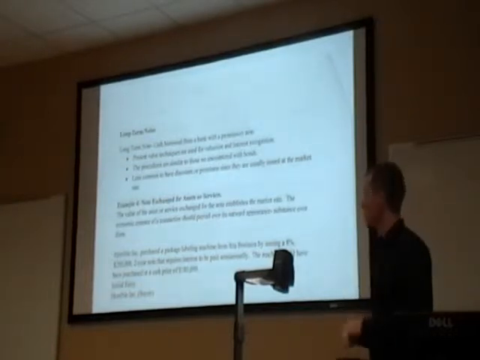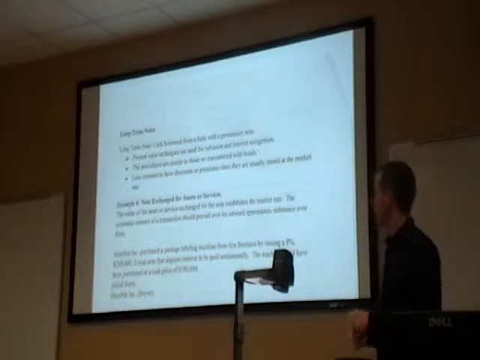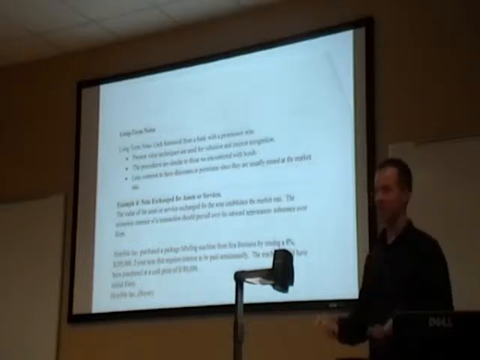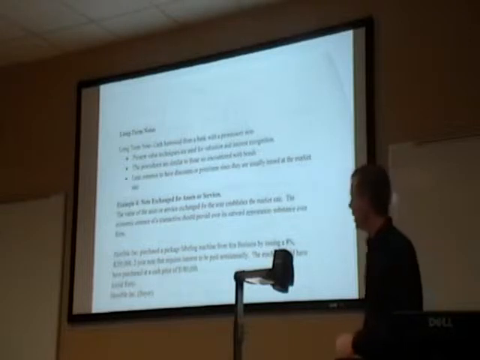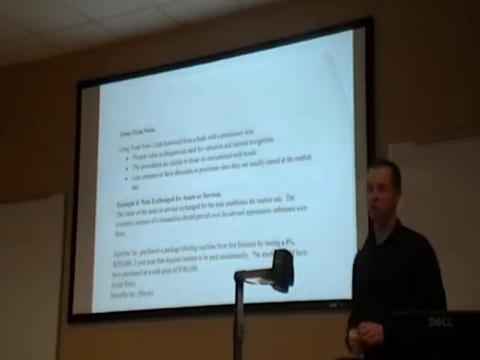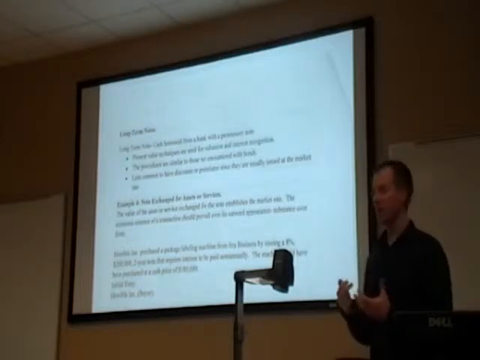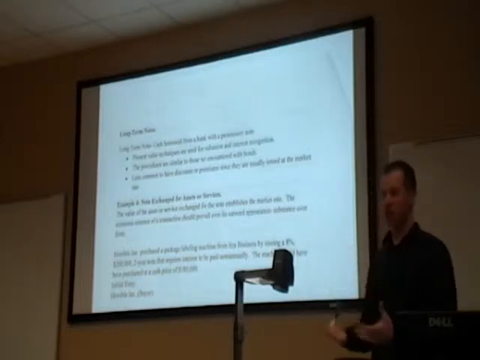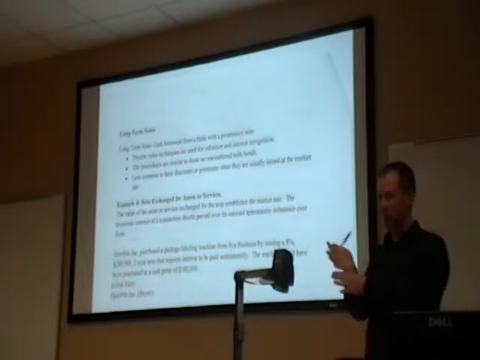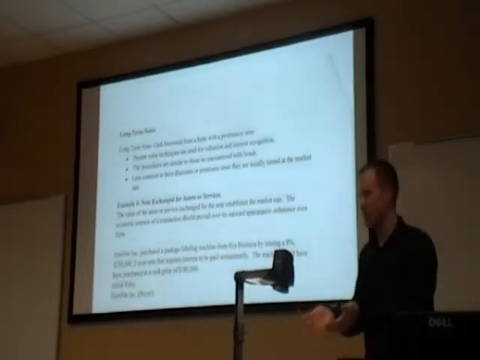So, long-term notes: cash borrowed from a bank with a promissory note, obviously, that's where the name comes from. Present value techniques are used for valuation and interest recognition, exactly the same way as with bonds. It's less common to have discounts or premiums since they're usually issued at the market rate. They're issued by a financial institution on a particular date; they figure out the market rate as of that instant and issue the note at the same time.